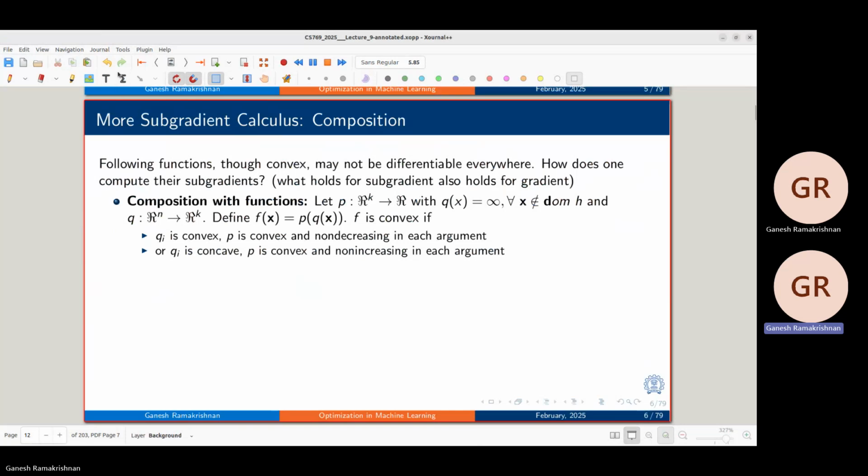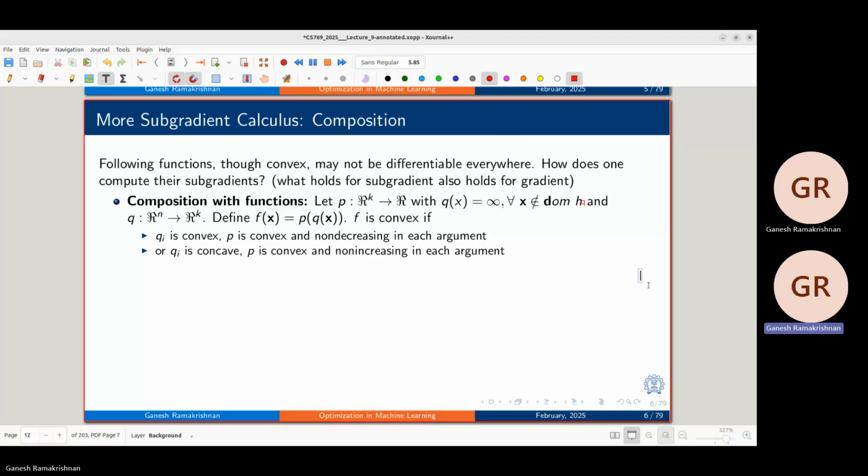Where did I get this H from? So this is the domain of Q. Okay. Now the main question is, how do I derive its subdifferential?